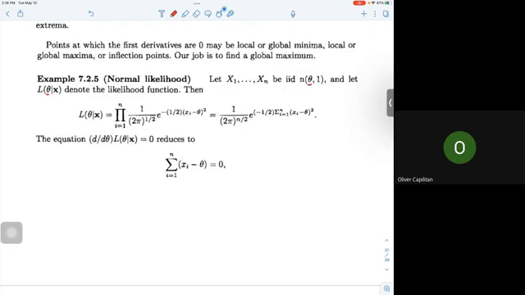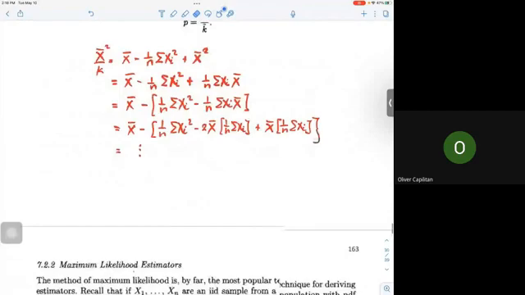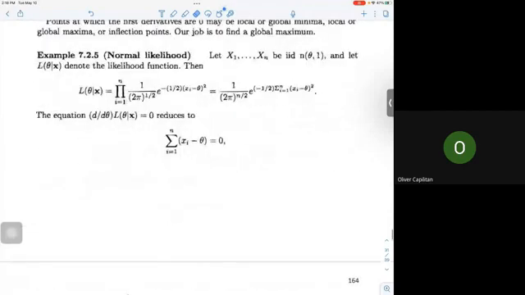It is not bold. So it refers only to the parameter theta, which is the mean of our distribution. So if we're going to determine the likelihood function, we have here the joint PDF, the product of this PDF. So we get this expression now. Okay, that is our likelihood function.